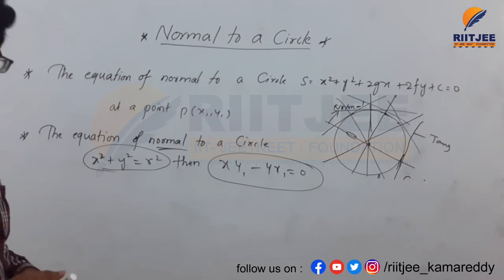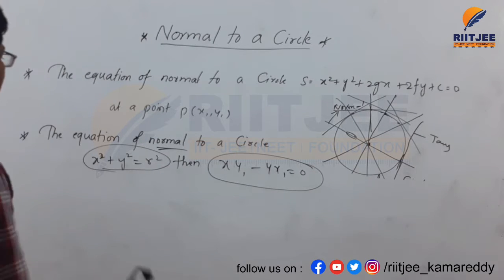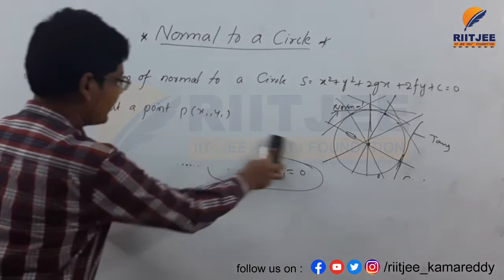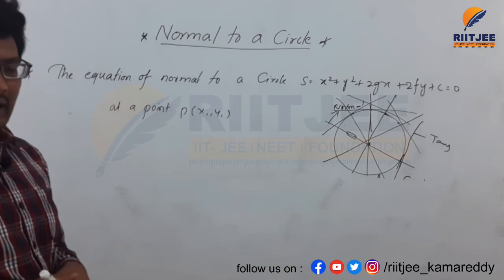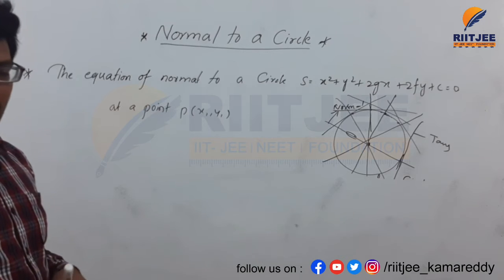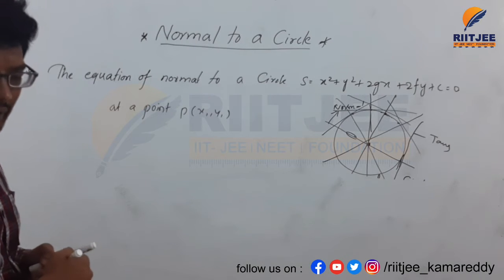What is the equation of a normal at theta to the circle x square plus y square is equal to r square?